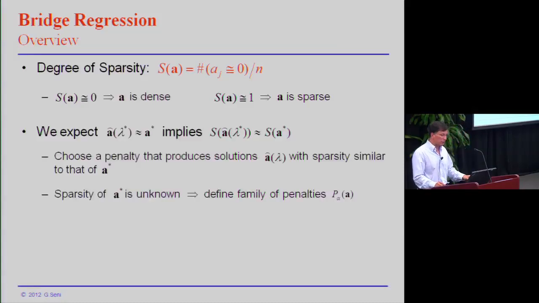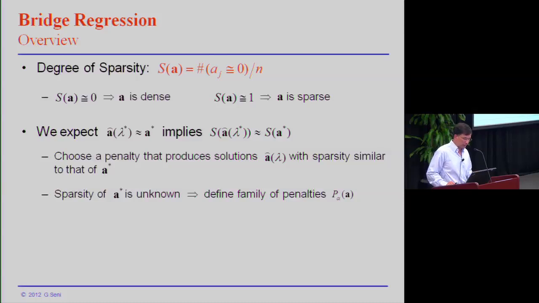So A of lambda is our best estimate of the coefficient vector. We expect that if A of lambda is close to the optimal solution, the sparsity of the solution that we propose will be close to the sparsity of the optimal solution, as we were saying earlier.